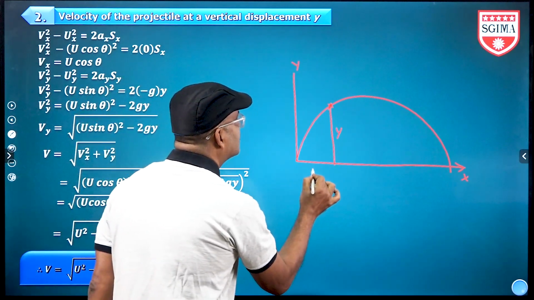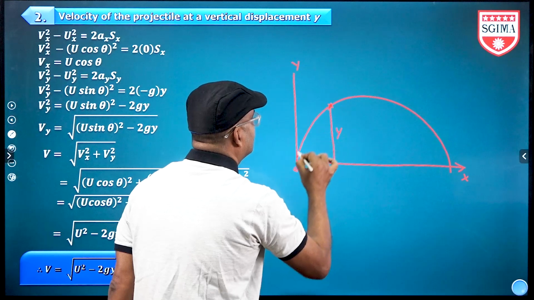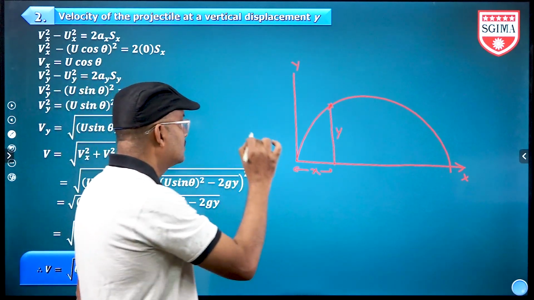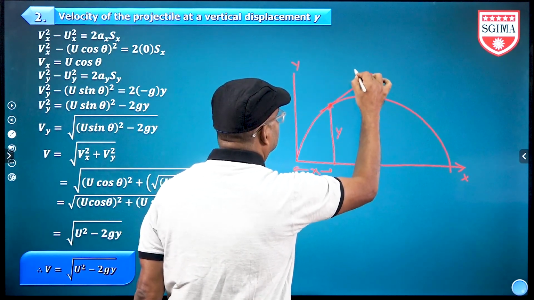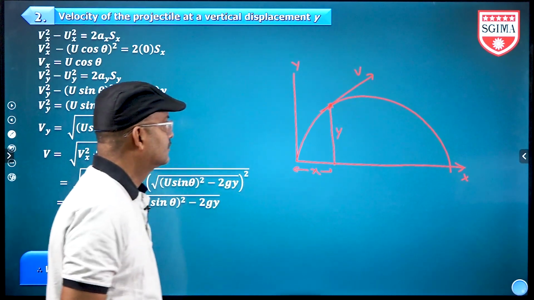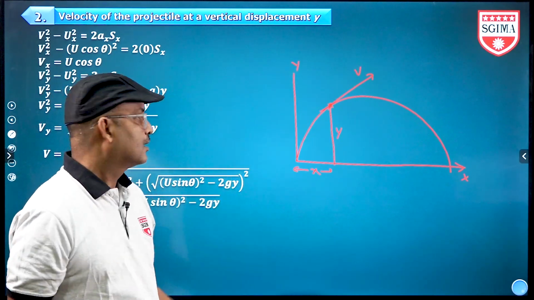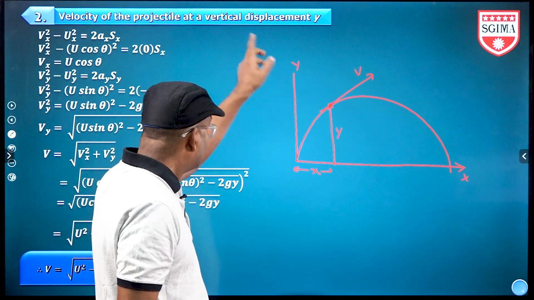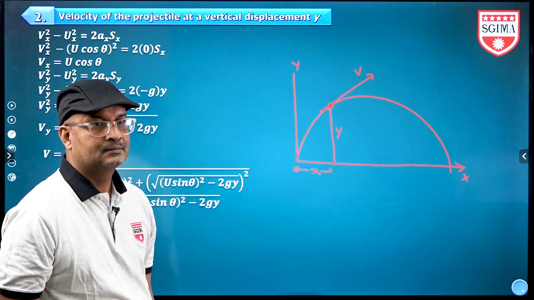This is horizontal displacement. This is the displacement of the body. Suppose I want to find out the velocity here. Previously we determined velocity at any time. Now we have to calculate the velocity of the projectile at a vertical displacement y.